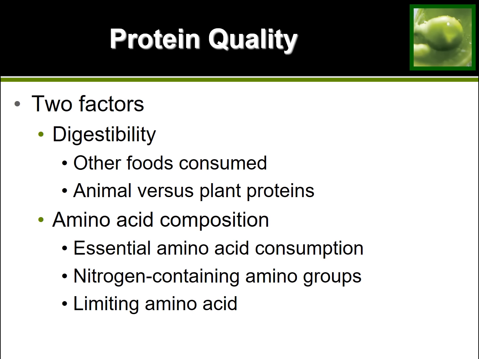All right, now we're going to go ahead and take a look at the recommendation for protein in terms of your diet, how much we want to consume, and how we want to determine if we're consuming the right type of protein. Now, starting off with the right type, two things that we want to look at are digestibility and the amino acid composition. Those are the two things that are going to determine how high quality a protein is.